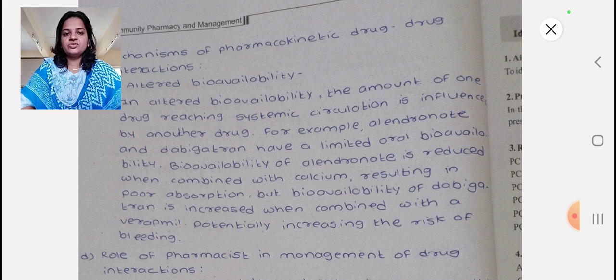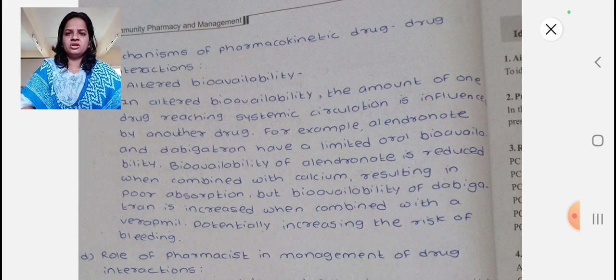Bioavailability of alendronate is reduced when combined with calcium, resulting in poor absorption, but bioavailability of dabigatran is increased when combined with verapamil, potentially increasing the risk of bleeding. This is altered bioavailability.